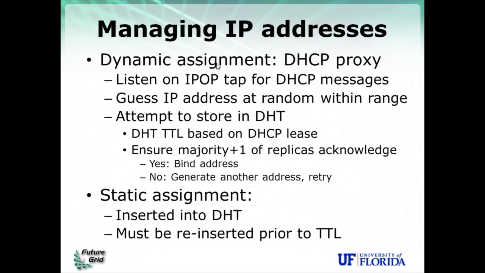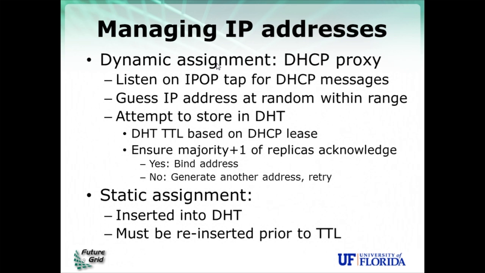Now, it ensures that a majority plus one of replicas in the DHT, let's say if you have 8 replicas total, you expect at least 5 replies to acknowledge that the value has been inserted before binding the address to the interface.